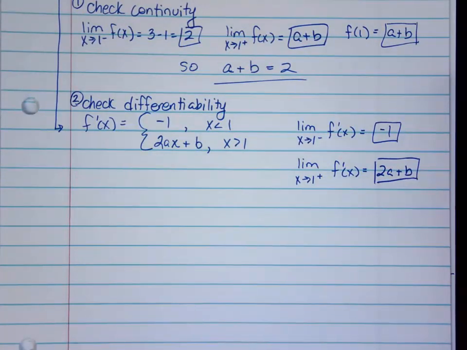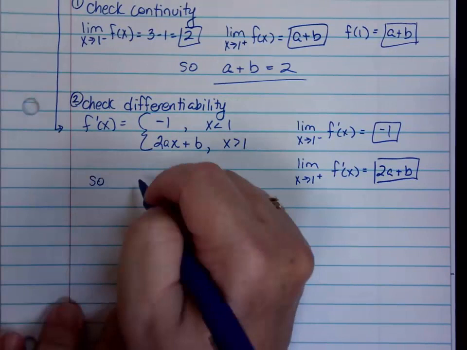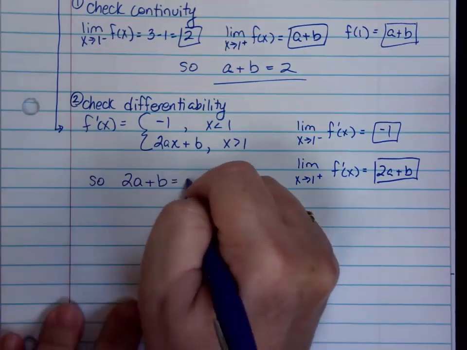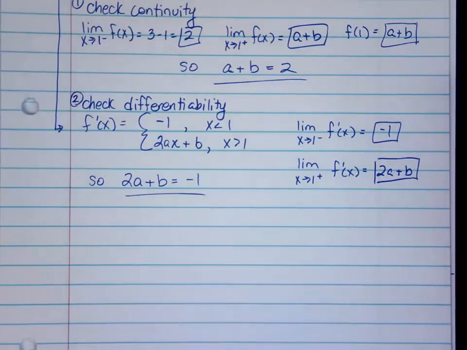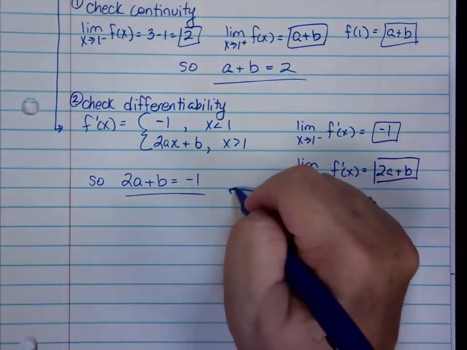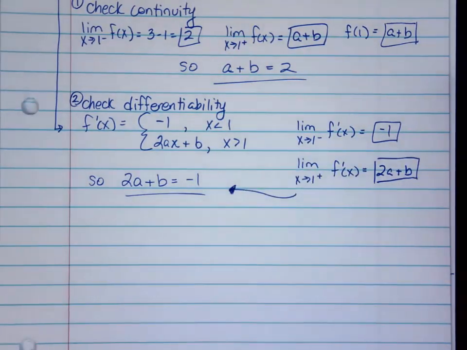So my new equation is what? 2a plus b equals -1. And there's equation number 2. I did this in a little strange order, so I'm going to draw a little arrow over there. The two limits equal that.